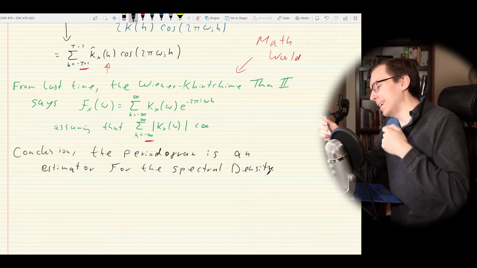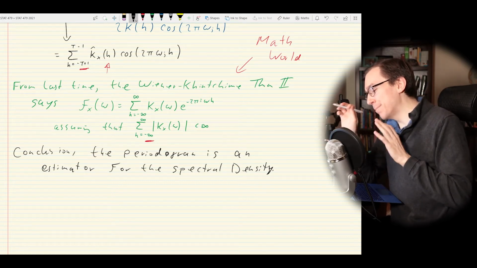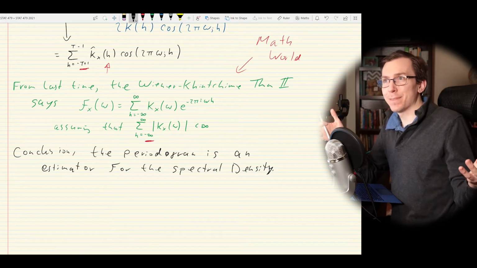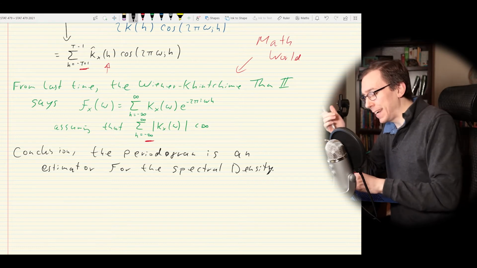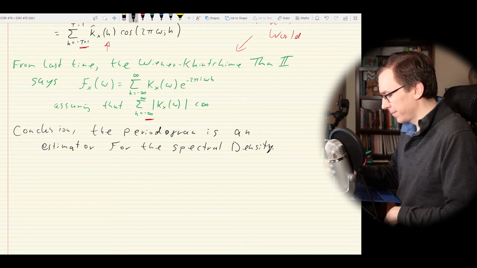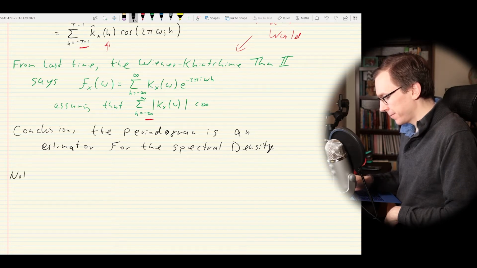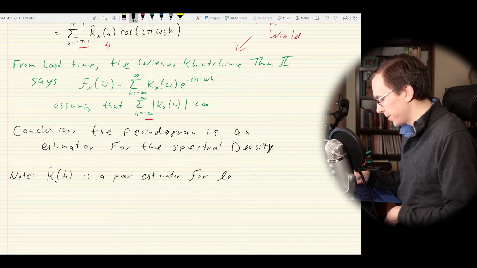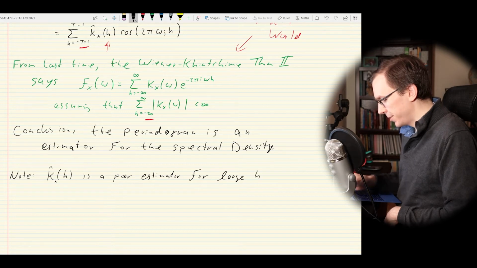We can estimate the autocovariance function for any lag, but when the lag gets really big, our estimator becomes bad because there's fewer data points to use. So the note is that k hat x of h is a poor estimator for large h.